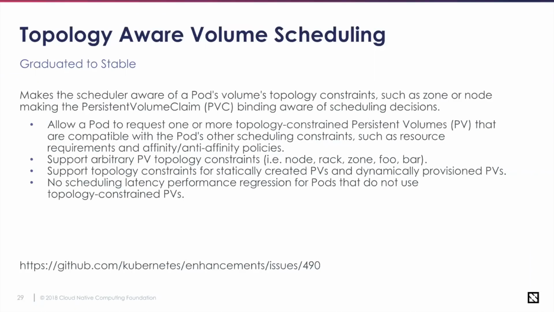Prior to the existence of this feature, the way that the scheduler and storage worked was they didn't really interact with each other. You created a persistent volume claim object, which resulted in dynamic provisioning of a volume, and that was completely independent of the decisions that the scheduler was making. When the volume is provisioned, that volume may be provisioned in a zone, region, rack, something that doesn't have compute available in it.